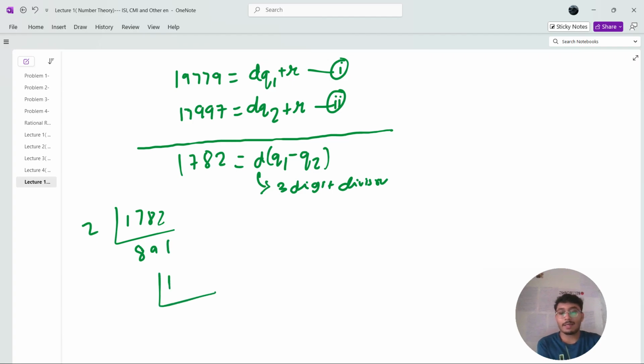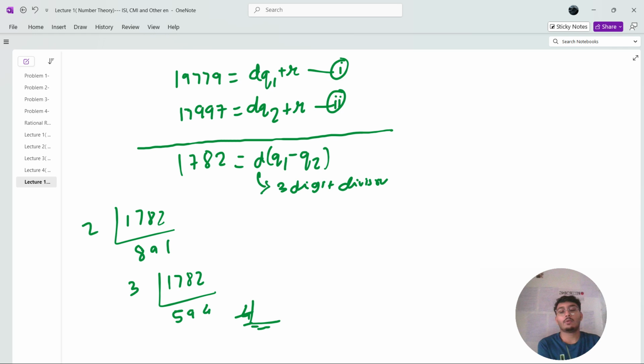If I divide it by 3, I get 594. If I divide it by 4, it is not divisible by 4.